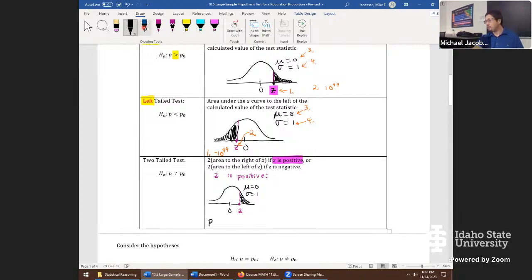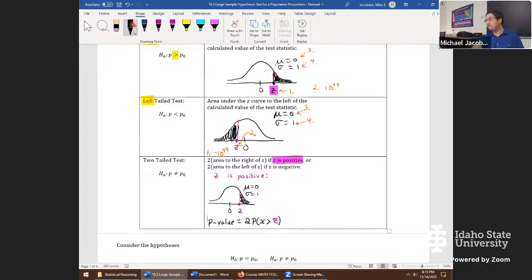So let's write down an actual statement. This time the p-value is going to be equal to 2 times probability that x, we're usually writing an x right there, is bigger than whatever our z test statistic came out as.